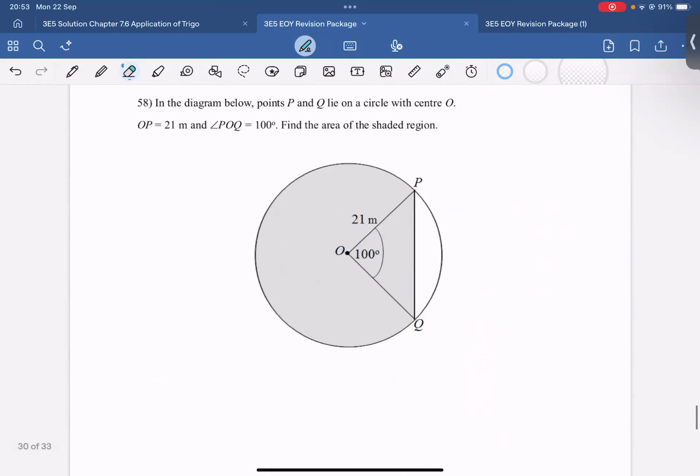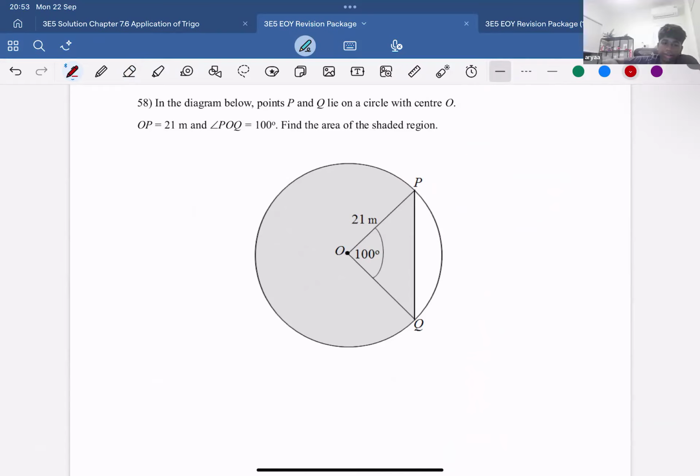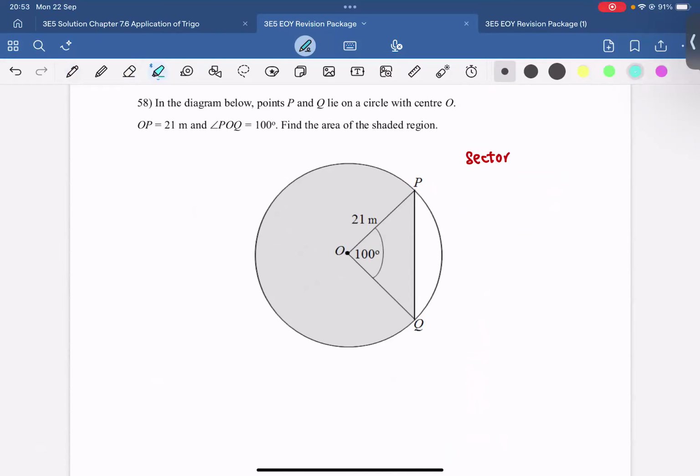58. Find the area of the shaded region. The shaded region is called what shape? Anybody? You must be careful. What if the question says sector? Be very careful. Sector means this part. It can mean this, it can also mean this. These are called sectors. The pink one is the minor sector. The blue one is the major sector. Clear? Then what is this, the triangle?